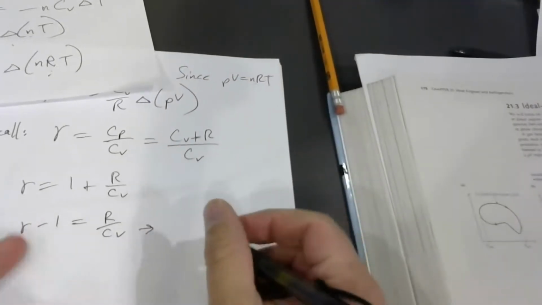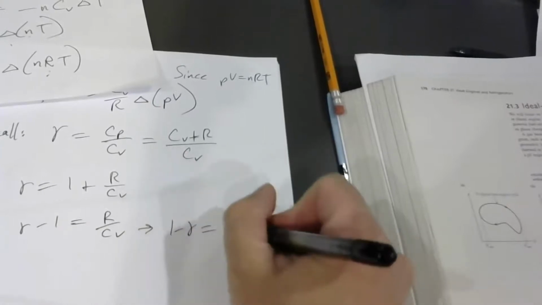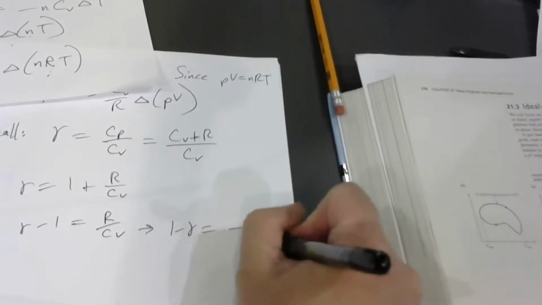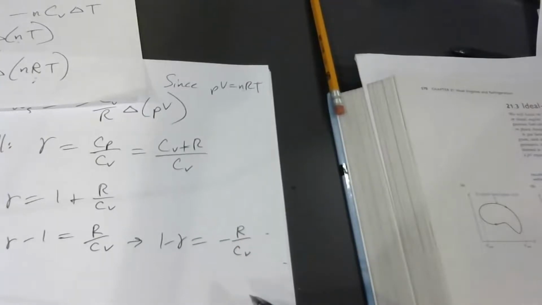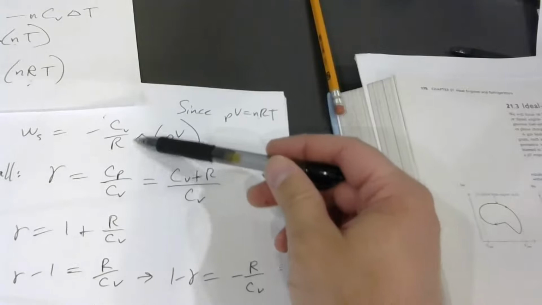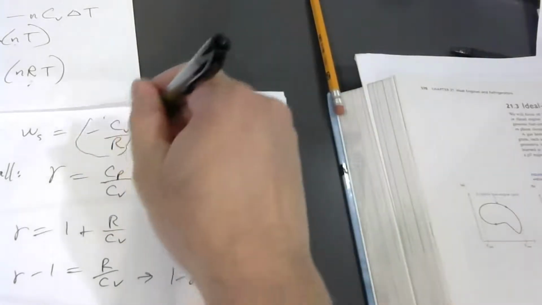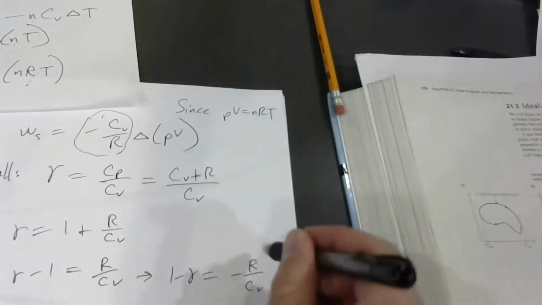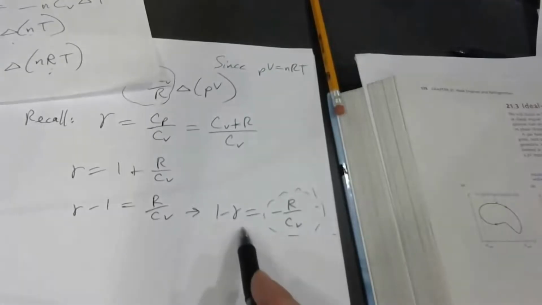So if I just flip these, 1 minus gamma, that's the same as negative R over CV. And I'm doing that because, check it out, here's a negative CV over R. Negative CV over R is the reciprocal of this. So in other words, this quantity can be written as the reciprocal of 1 minus gamma.